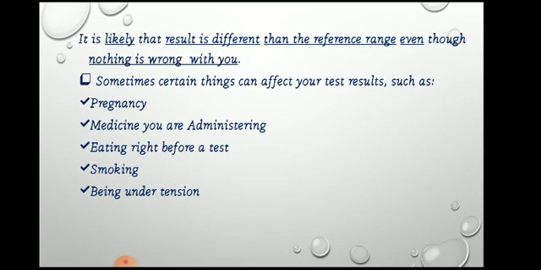Another reason: if the patient is under administration of some other medicines, the drugs taken by the patient earlier, there are chances the test results may vary, might be less than the range or might exceed the range.